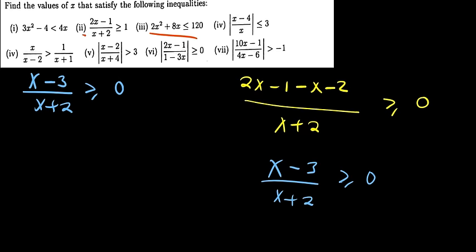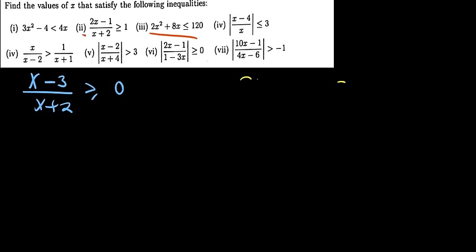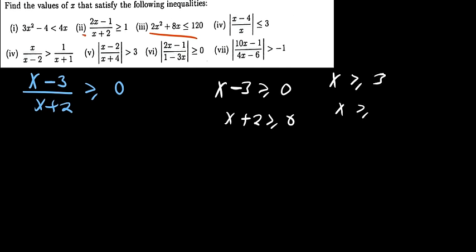Let's first find the answers. When you reach this point, you just get the numerator the way it is, x minus 3 greater than or equal to 0. Then the denominator just like the way it is, greater than or equal to 0. You solve for x. x will be greater than or equal to 3. The other one, x, will be greater than or equal to negative 2.